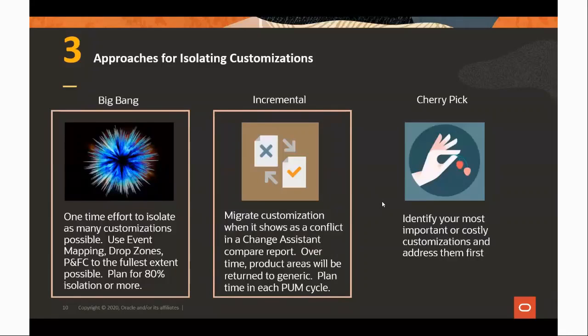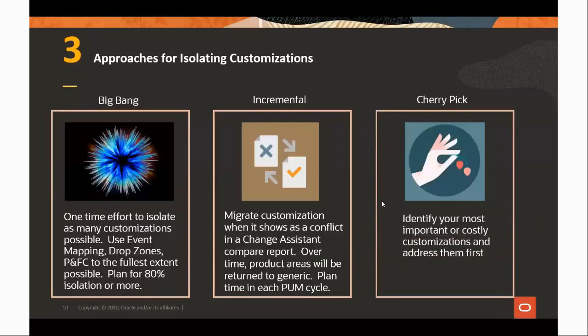So when you're planning a PUM upgrade, you're doing your change system, compare reports, and so on, and you'll look at the changes that you have, the customizations that you have, and address those on an incremental basis. And then over time, as you go through different PUM cycles, you eventually will have most or all of your changes isolated, at least those that are capable of being isolated with the tools that I'm going to talk about.